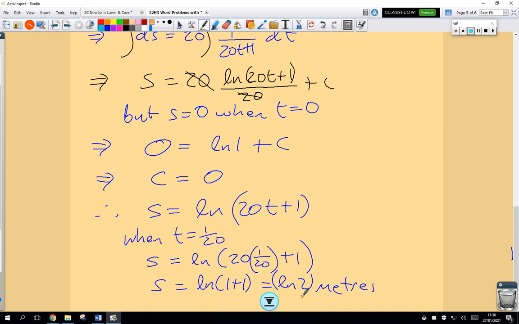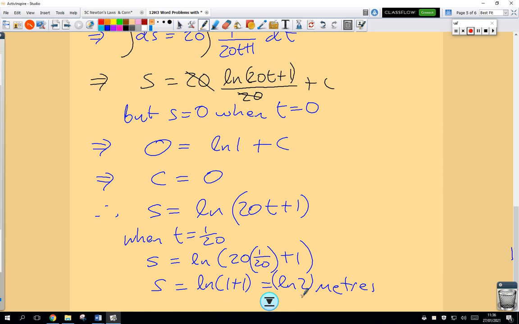Now, I'm hoping you've gone through the other video first, because it's a much more efficient and quick way to get there. However, the reason I'm going through this is to show that both substitutions in this case will actually work. In the second example, I've found the time where the velocity was 10, and then from that found an expression for displacement in terms of time, and substituted my value for time.